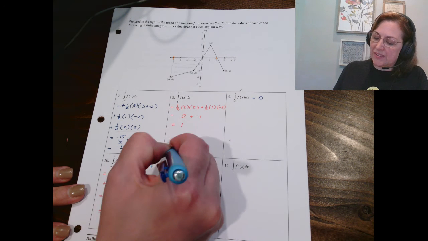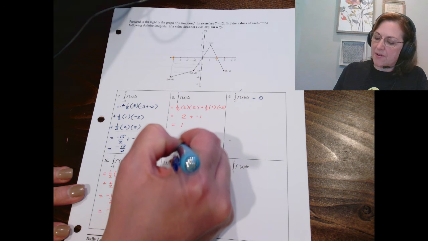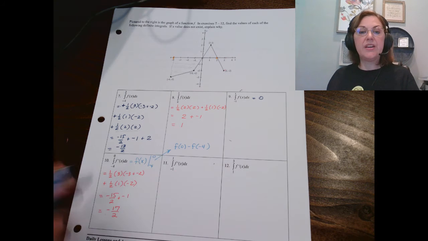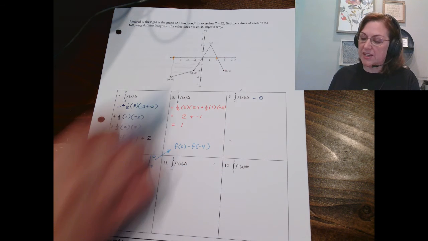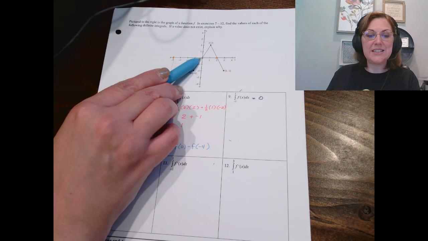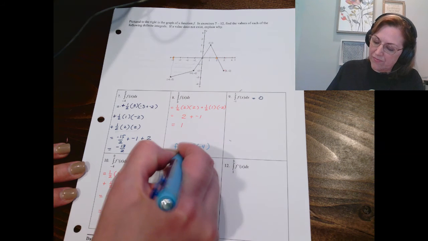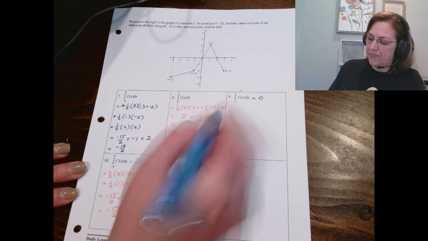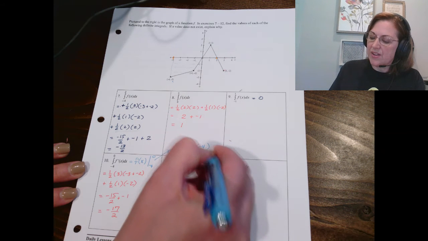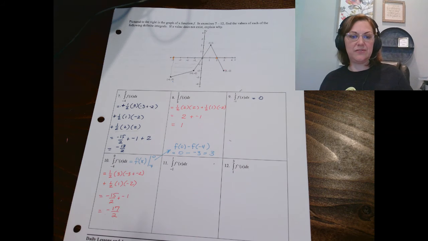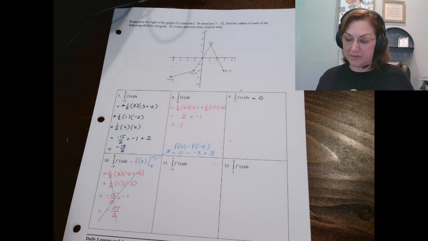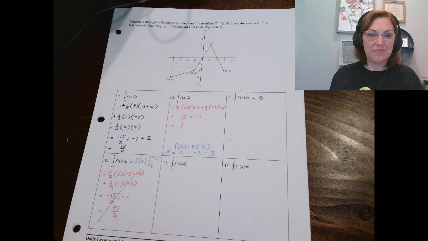So what does that look like? That means we plug in 0 first, and we plug in -4. Now look at your graph. What is f of 0? F of 0 is 0. F of -4 is -3. So we get 3 there, not the area. Ooh, we almost missed that. I almost missed that. Glad we caught that.